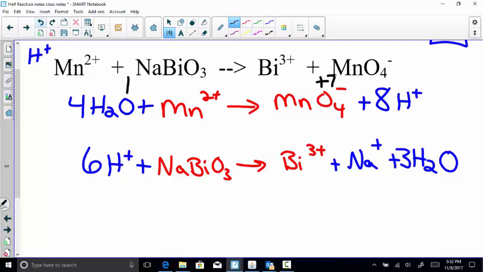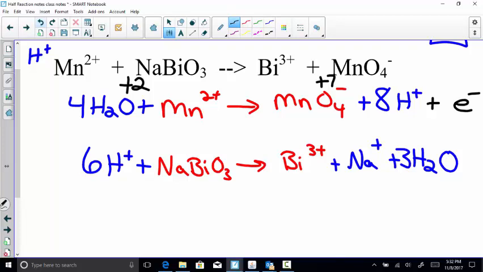So somehow what I need to get to is the fact that those two charges are equal. The way we get those charges equal is by adding electrons. And on this positive side, adding electrons is going to reduce charge. So I'm going to put my electrons over on the right side.